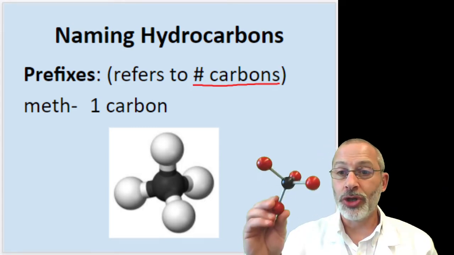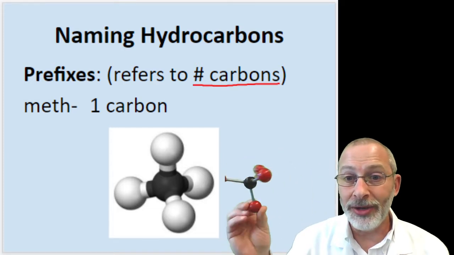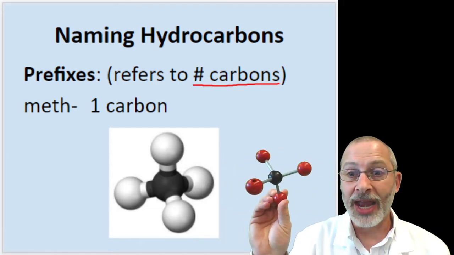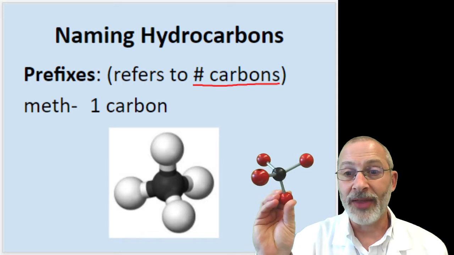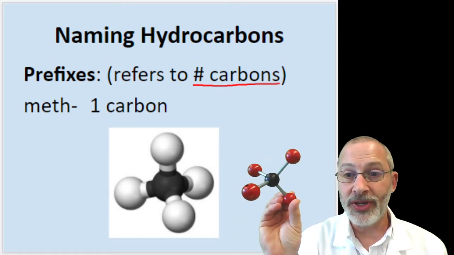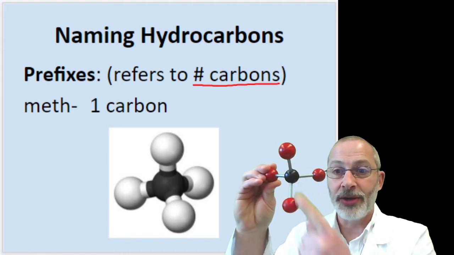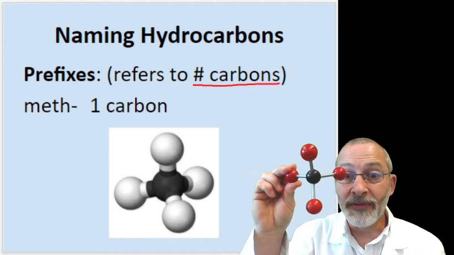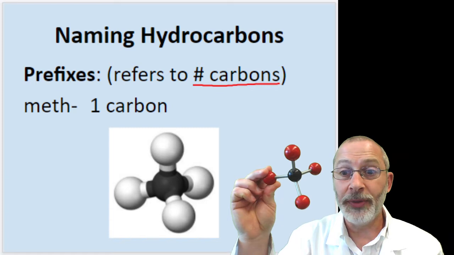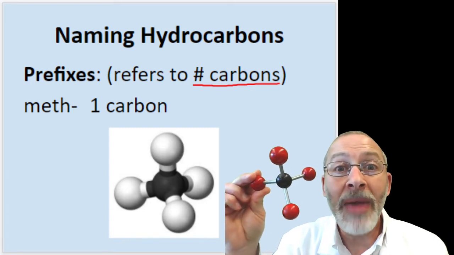So if I were to show you a model here of an organic molecule, and the black sphere represents carbon, the carbon right in the center here, the name of this would begin with the prefix meth.